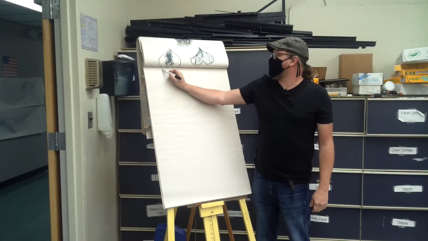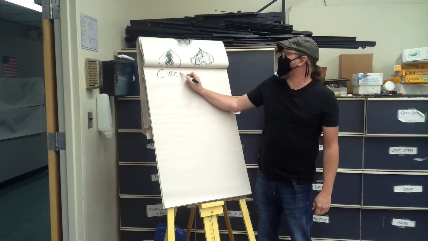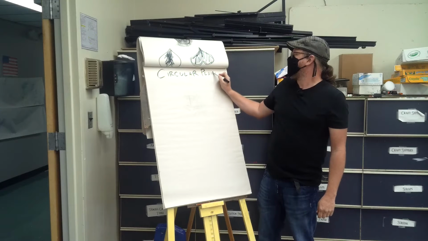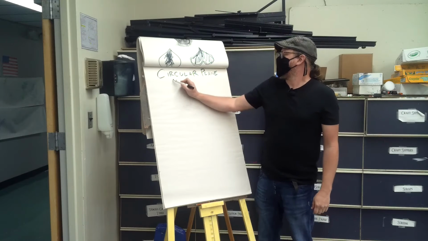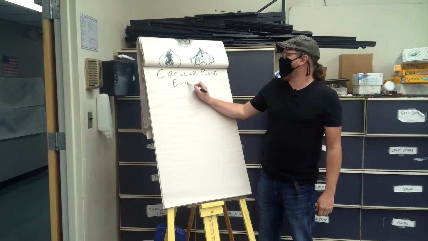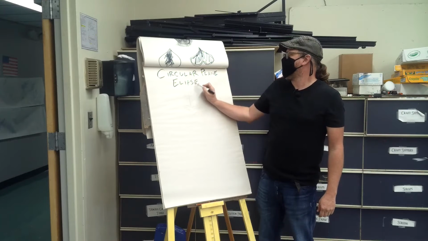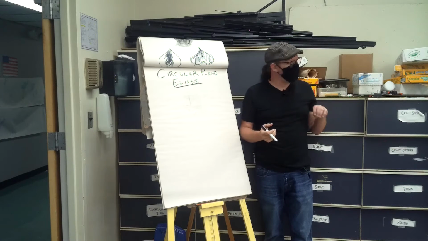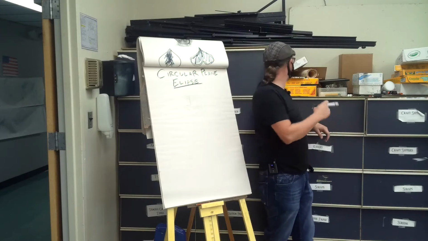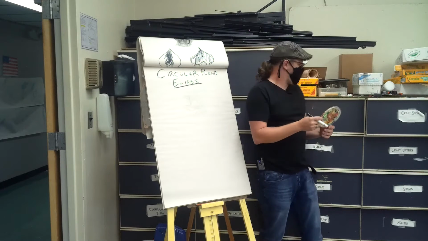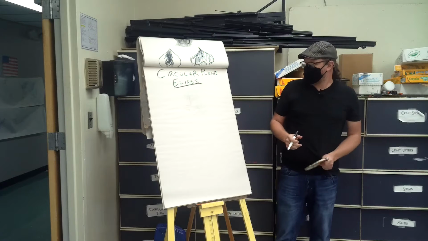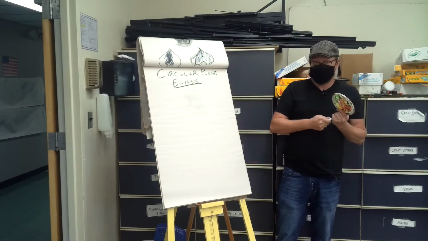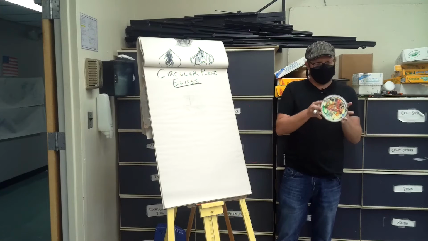So, I'll introduce you to some new terms. When we have what you might refer to as a circular plane, we call that an ellipse. An ellipse, like I said, is a circular plane.